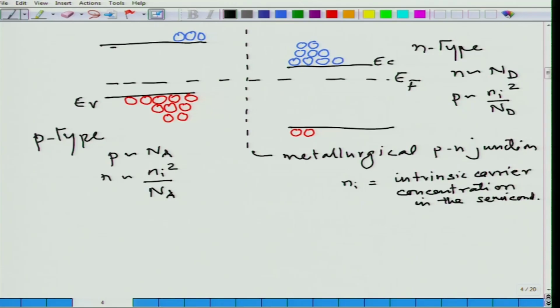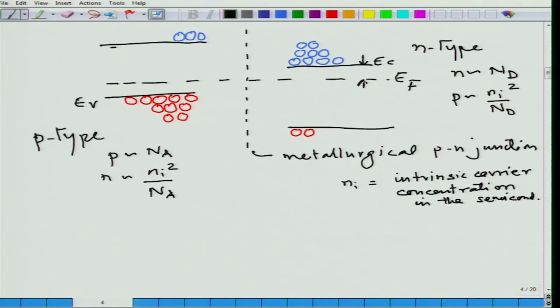Further, we also know how to write, in terms of the doping of the p type and n type, what would be the Fermi level. Basically, we know how much is the shift in the Fermi level from the intrinsic Fermi level in both the cases in terms of the carrier concentration, and that can be written for the p type semiconductor in terms of the intrinsic concentration times Boltzmann constant times the temperature in Kelvin.